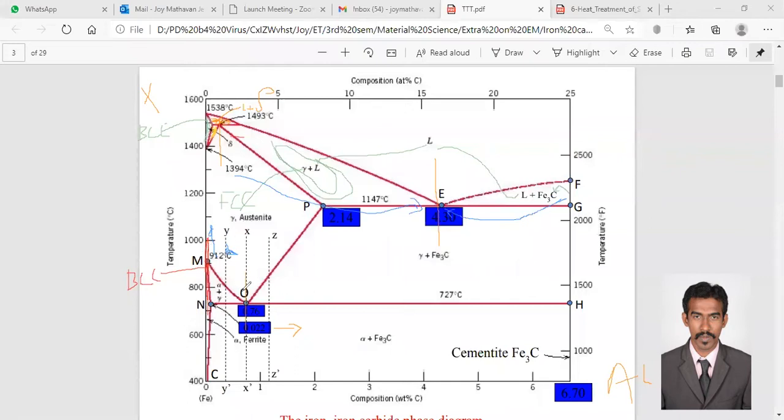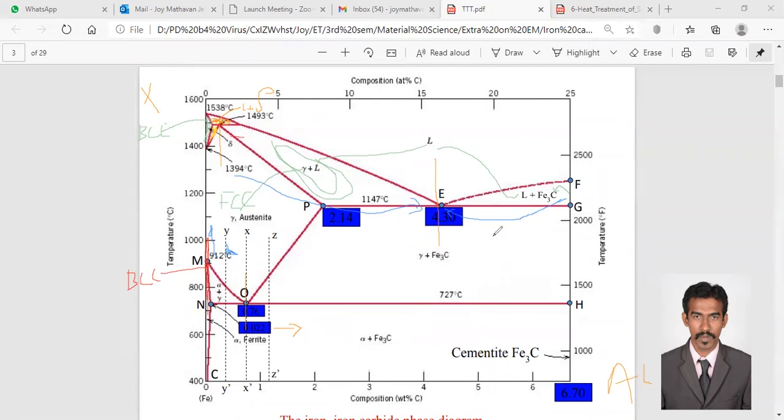So austenite will have 0.76% of carbon solubility at the same temperature, right? The same temperature is starting from here. So throughout this range, it can have this 0.76 percentage of solubility. At particular temperatures, how much can mix as alloy can be determined from this iron carbide diagram.